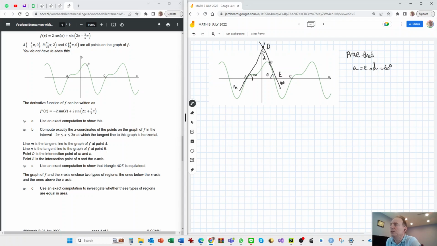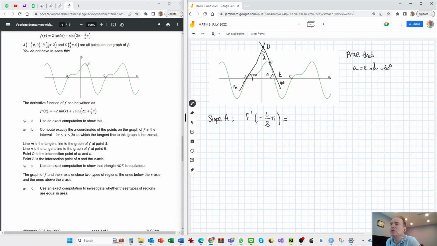Alright, so the slope at point A, I need to find the derivative of the function at minus 2 over 3 pi.